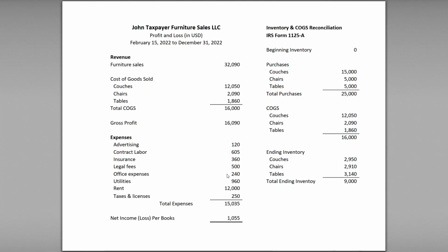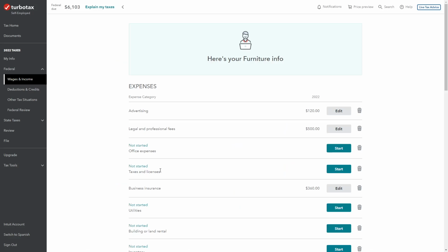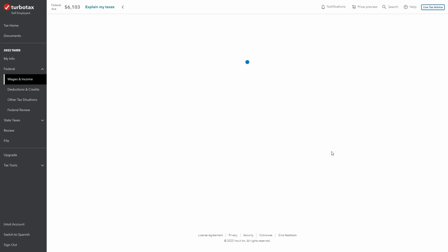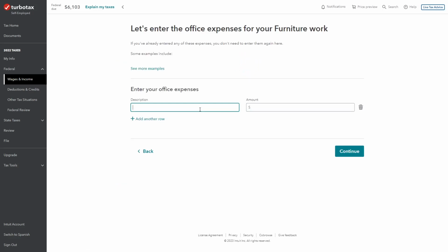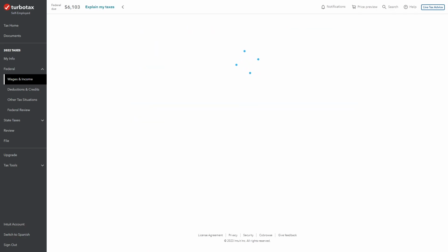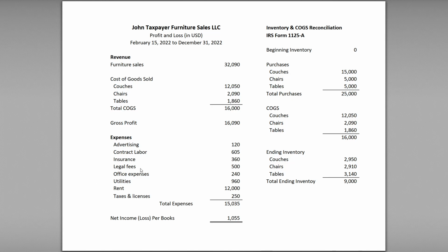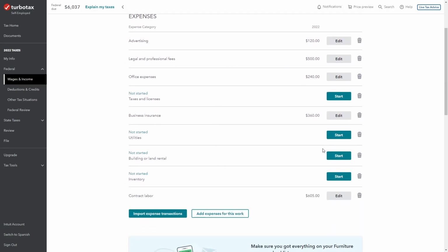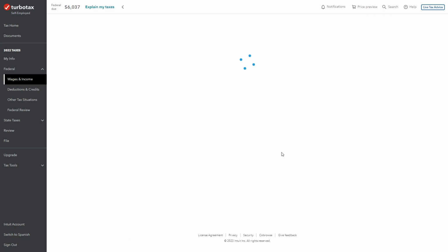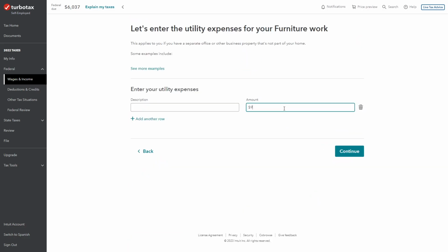Office expenses of $240. And then we have utilities for $960. Utilities. So that's $960.